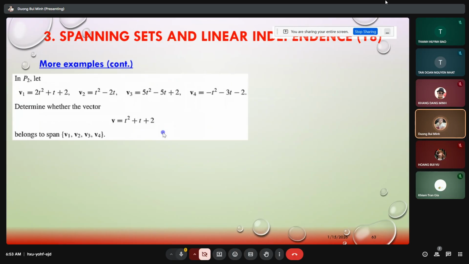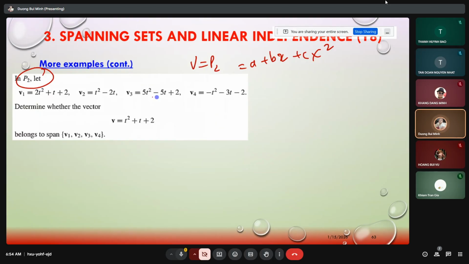Okay, so coming back, we have more examples. Look at this one. We have vector space P2, that means we have a plus b x plus c x squared.